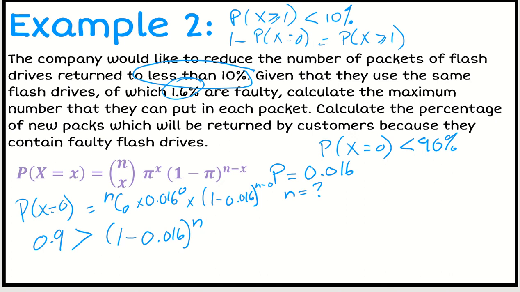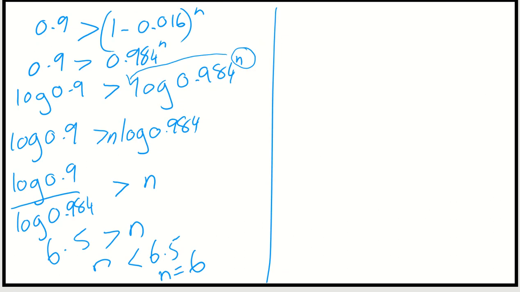Now the second part said to calculate the percentage of new packs that will be returned because they contain faulty flash drives. So we want to find what's the probability that at least one will be returned if we now have this number of trials at 6, our probability of a faulty drive is 0.016, and we want to know what's the probability of 1 or more being returned.